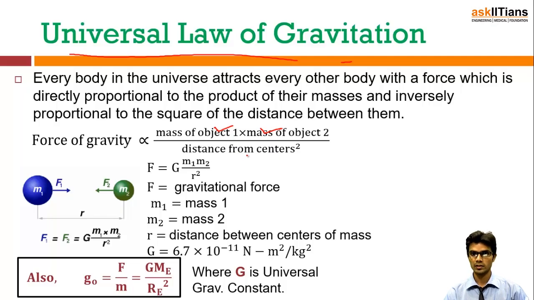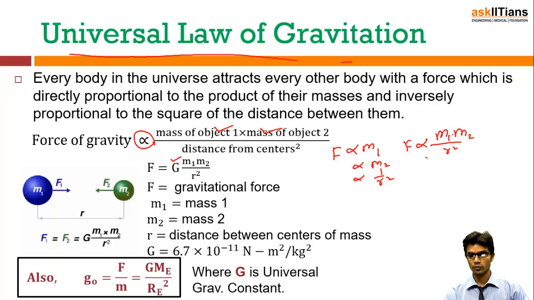So F is proportional to m1 into m2 by r square.